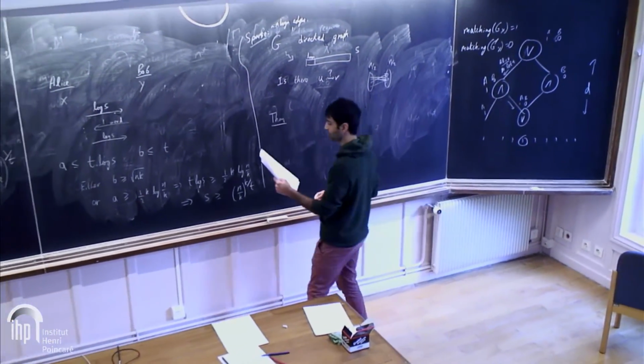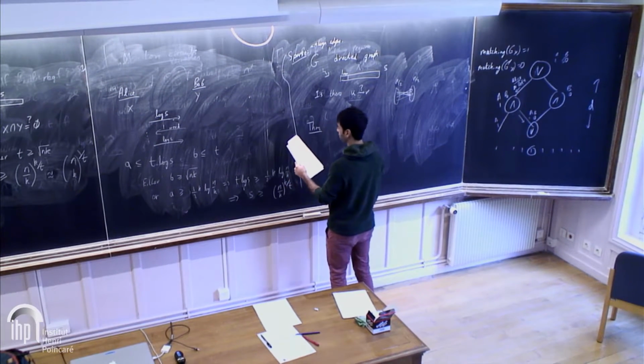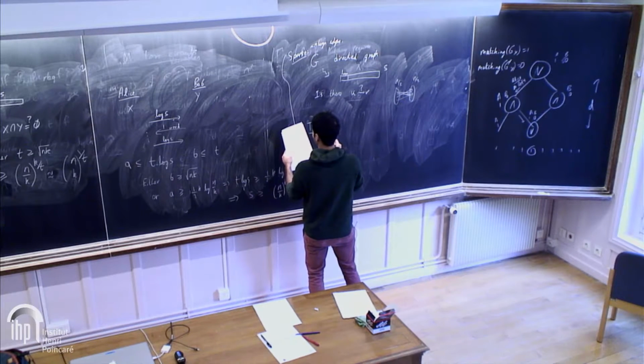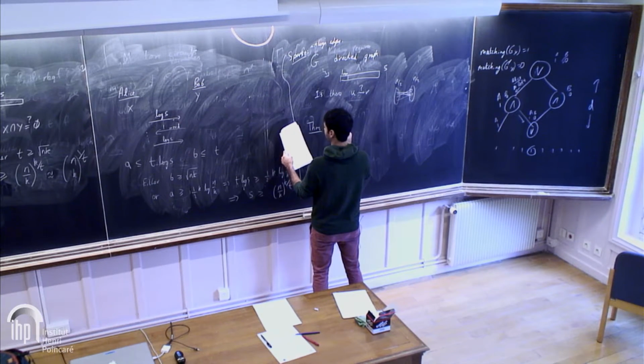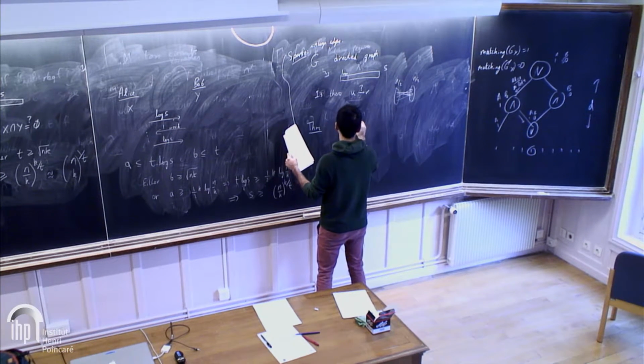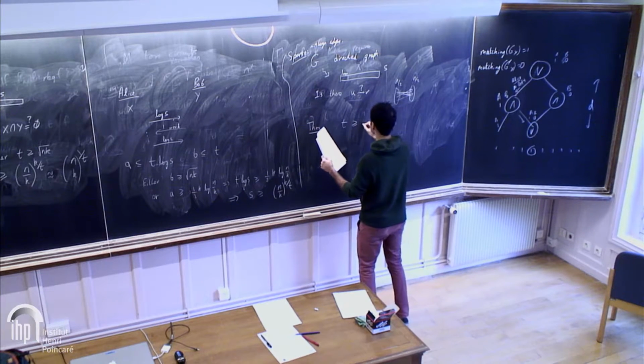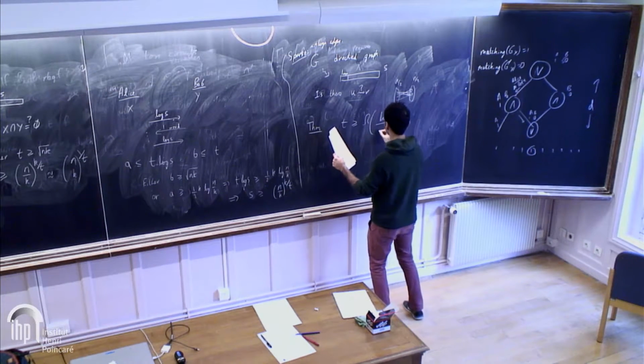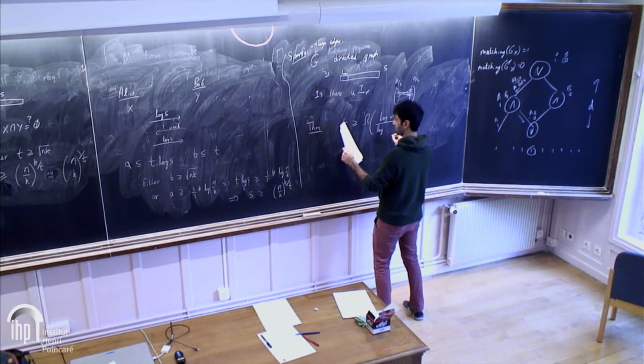Nevertheless, what you can show is that any solution to this problem must store a superlinear amount. So actually the bound is just like this. It says T is omega of log n divided by log of S over n.